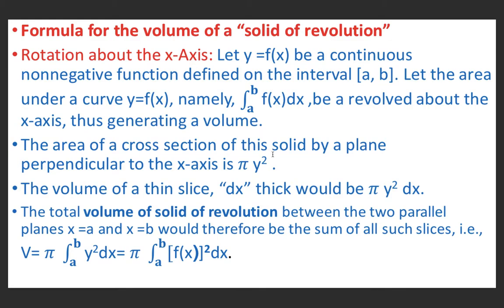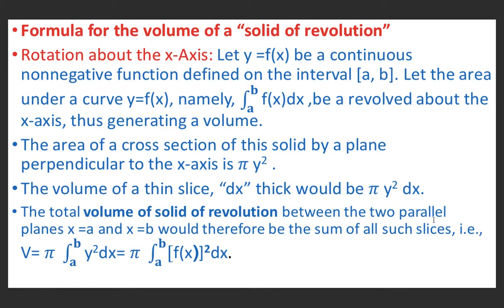The area of cross-section of this solid by a plane perpendicular to the x-axis is nothing but pi y square. The volume of a thin slice of thickness dx will be equal to pi y square dx. Therefore, the total volume of revolution between two parallel planes x equal to a and x equal to b would be the sum of all such slices.